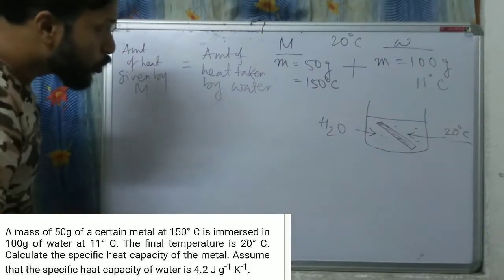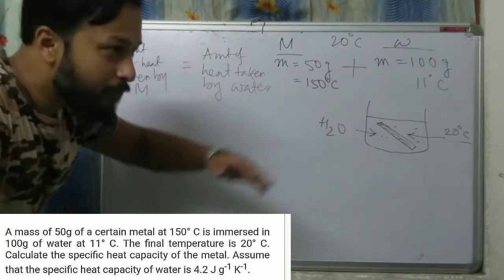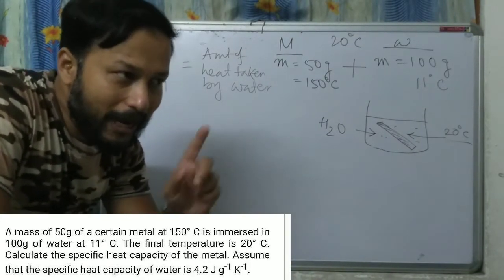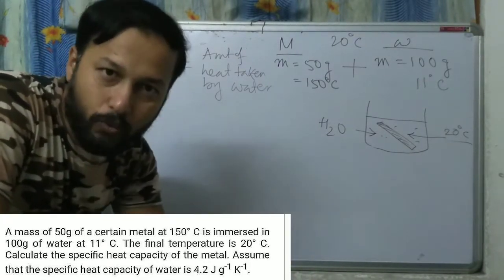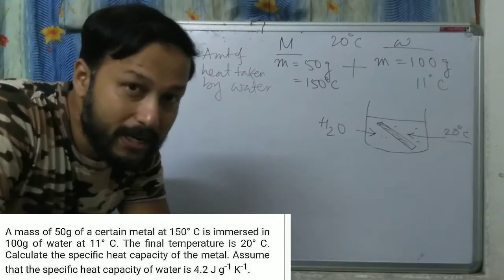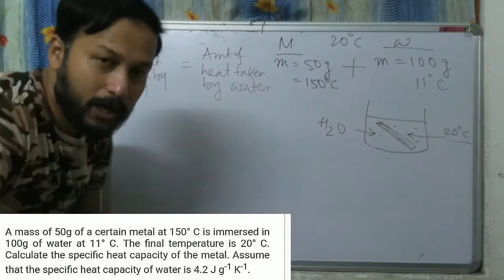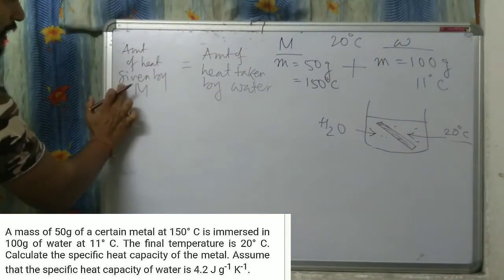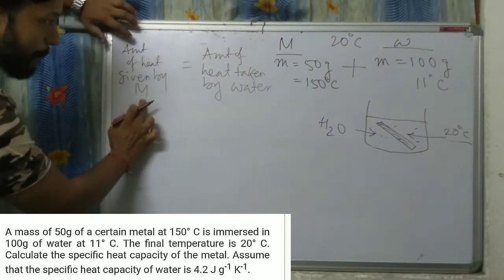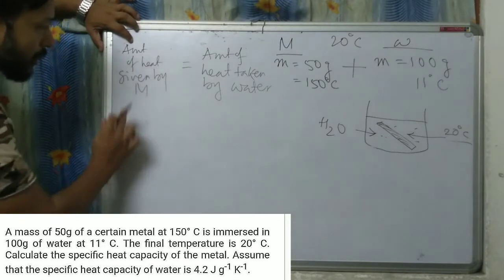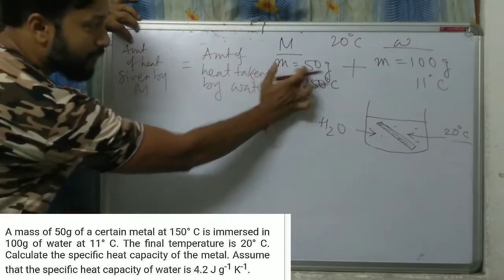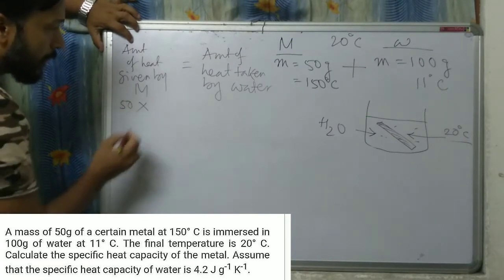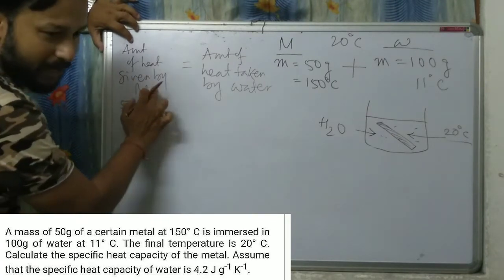Fine. So what is the amount of heat given by metal? Very simple formula. m s (T2 minus T1). How to apply this formula? See. Amount of heat given by metal: m s (T2 minus T1). m means mass, 50 gram, into specific heat capacity of the metal.